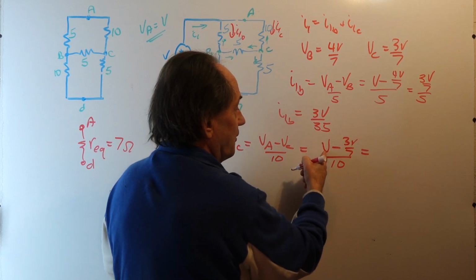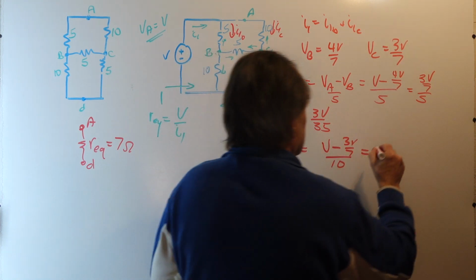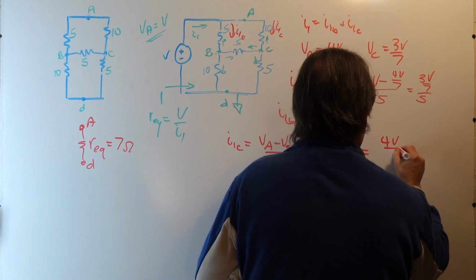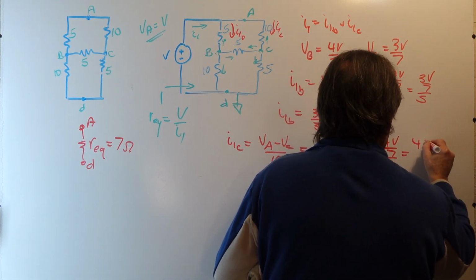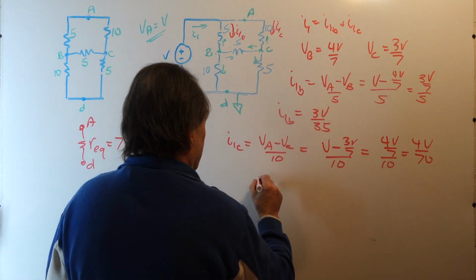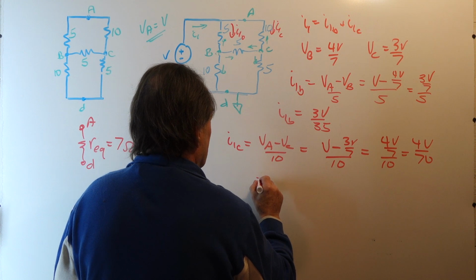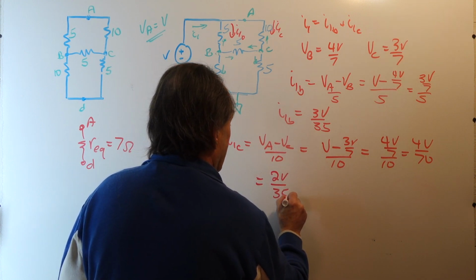Well, V is 7 over 7 minus 3V over 7. So this becomes 4V over 7 divided by 10, or 4V over 70. Numerator and denominator have a common factor of 2, so this becomes 2V over 35.